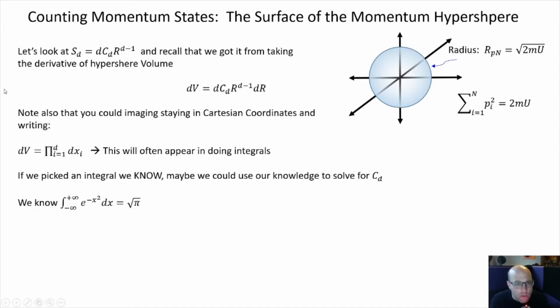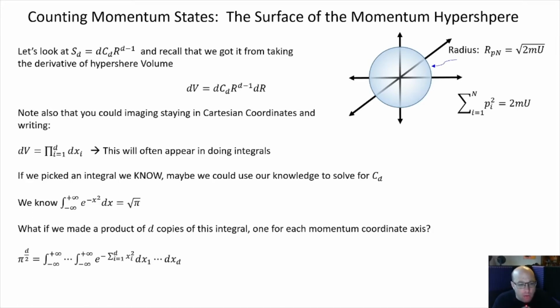And one of the integrals that we know from our last lesson is the Gaussian integral, right? That e to the minus x squared dx integrated over all the real line is the square root of pi. So what we can do is another special trick with this.